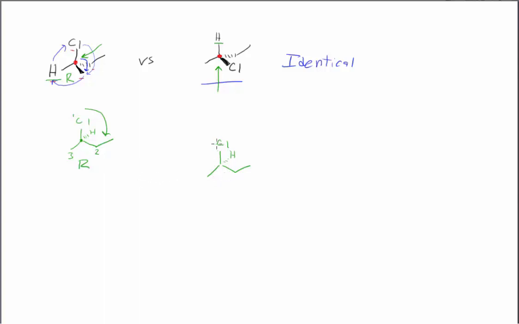And you can already see that this orientation is the same as the one I had before, so there's really no need to establish or assign priority. We're going to get R as well right here, and so of course they are identical. There's only one stereocenter. It has not been inverted. They are both R, so these are identical molecules.